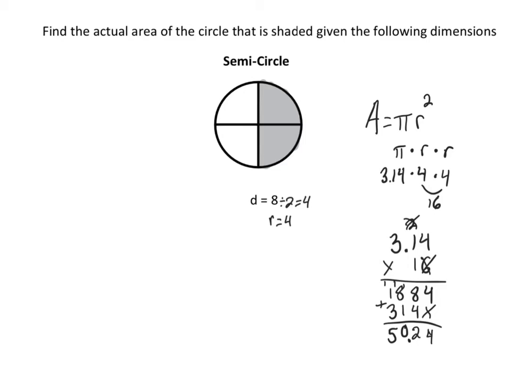Now, this is a semicircle, meaning half a circle. I have to divide it by 2 because we don't actually have the other half of that circle. So, I take my answer, the 50.24, and I'm going to divide it by 2 because I only have half a circle. 2 goes into 5 twice, and that's 4.